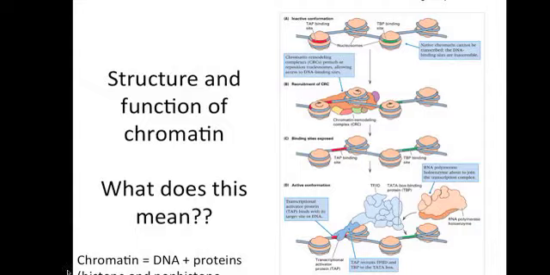This is just showing the different ways that chromatin structure can change. You can have an inactive conformation. Here you've got your DNA wrapped around your nucleosomes, and notice you've got your promoter, where your TATA binding protein is going to bind. That's wrapped around your histone, so your TATA binding protein is not going to be able to bind.